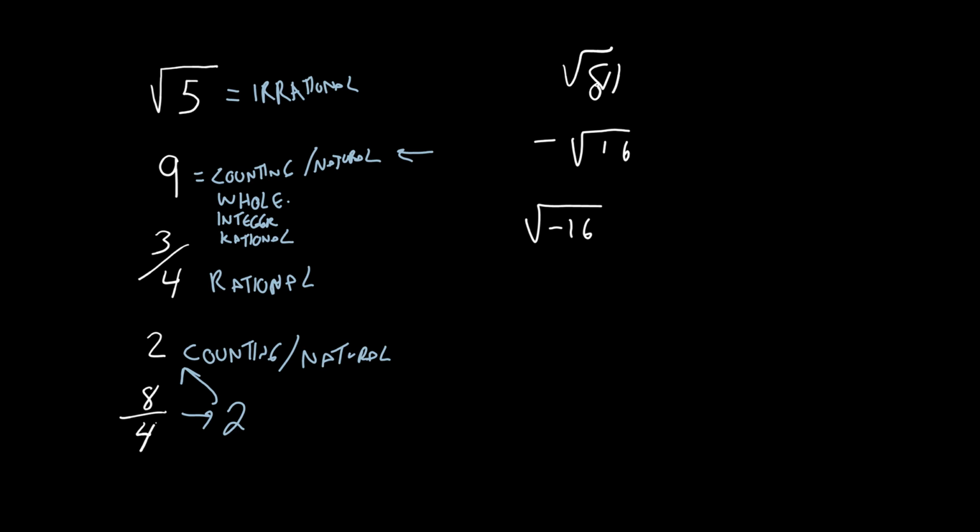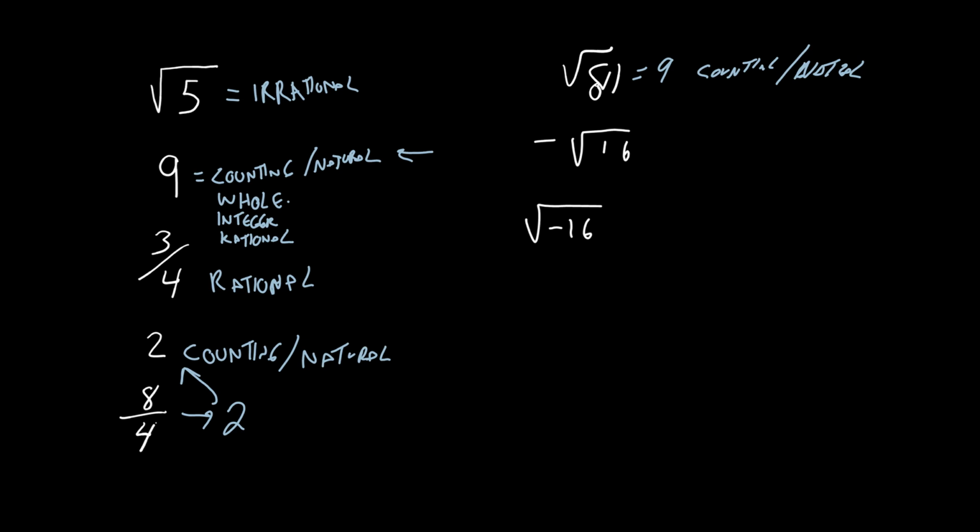Which brings us to the square root of 81. A square root, if it has a perfect square, is a rational number, but because the square root of 81 equals 9, this also becomes a counting or natural number.